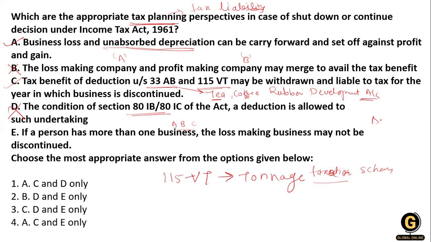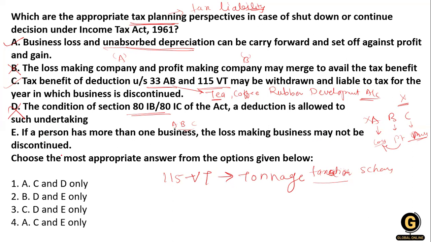Suppose A, B, C are different businesses of person X. If he suffers losses from company A, has a high profit in company B, and in company C he is at an average stage, why would he decide to discontinue A? He can set off his losses against the profit from company B. So if the person has more than one business, the loss making business may not be discontinued.